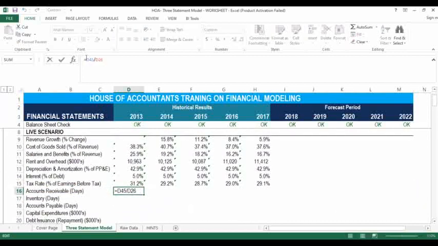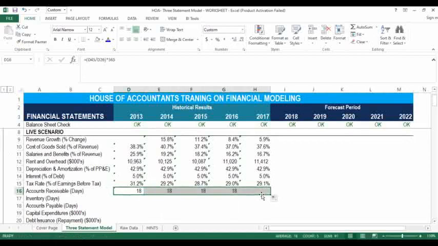We put this one in brackets and this also in brackets. Then multiply by 365 days, and we have 18. So drag it down and we are good to go. So everything gives us 18 all through.